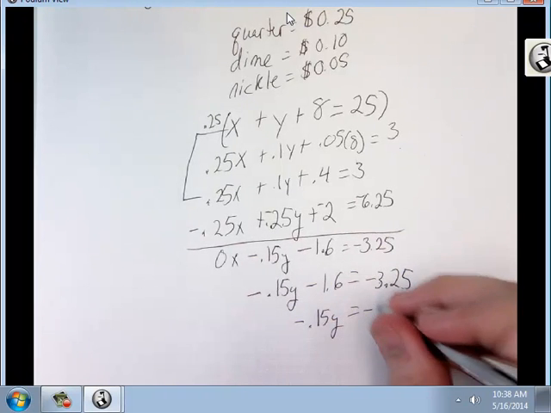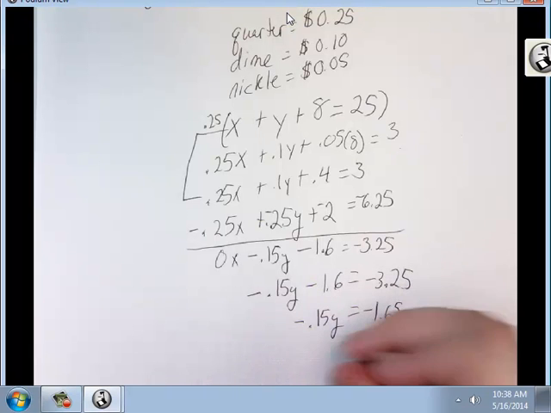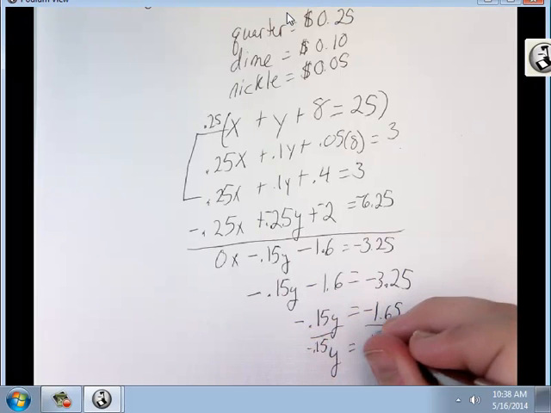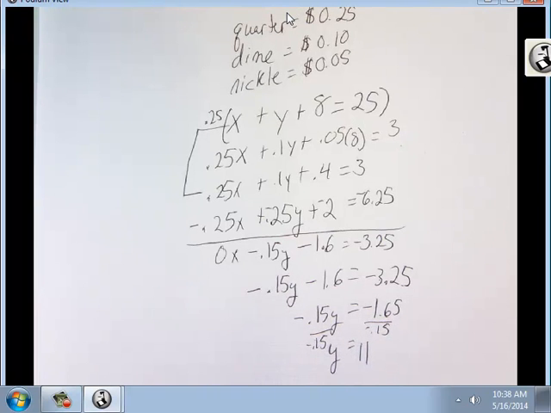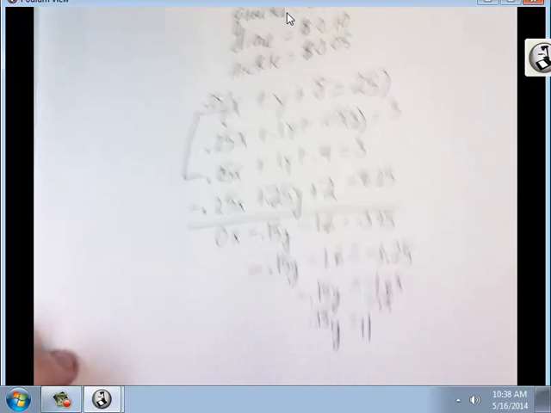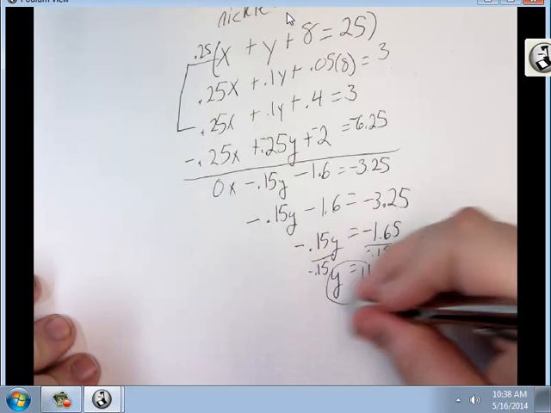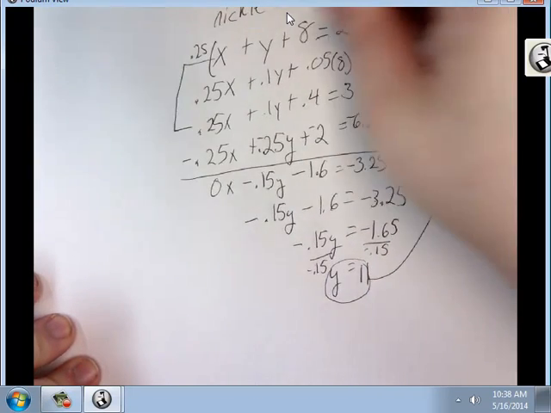Y equals, when I divide each side by that, I get 11. So that tells me how many dimes. Now I'm just going to substitute this back in all the way up here to find my quarters.